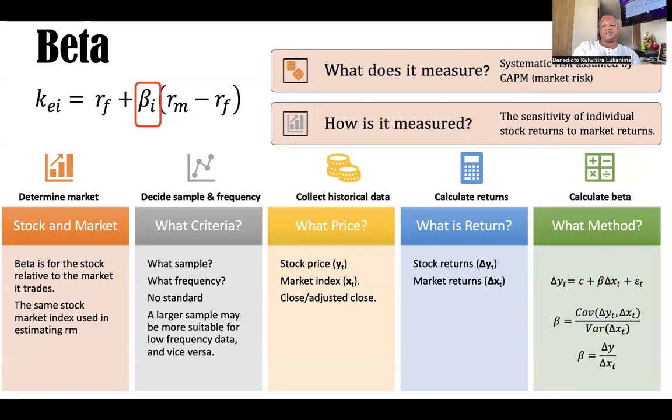There are several methods. We can use a regression analysis whereby the stock is a dependent variable, YT, and the market index is independent variable, XT. So beta is a coefficient to be estimated. It is a measure in which the stock responds to market. We can use covariance-variance ratio. That means the covariance between market returns and stock returns divided by the variance of the market return.